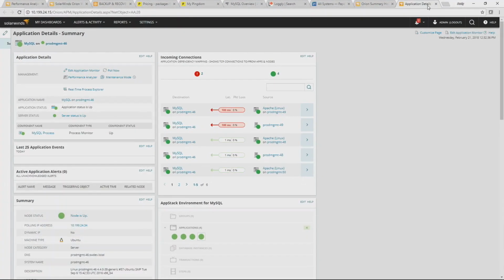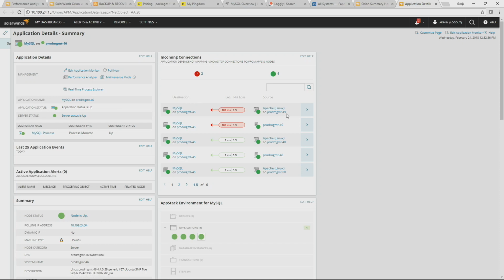And based upon that, Server and Application Monitor is able to determine that I've got connections happening to that specific server. So you guys can see here on my details page for where I'm monitoring MySQL that I've got several different inbound connections happening to MySQL on this particular server itself.